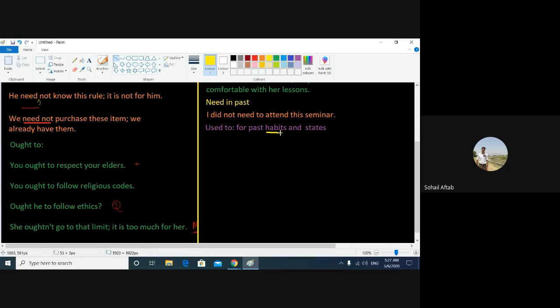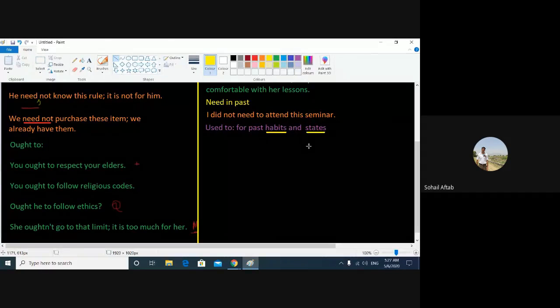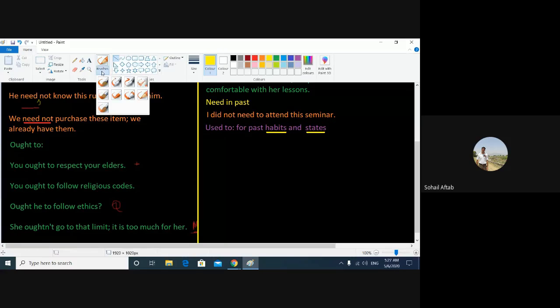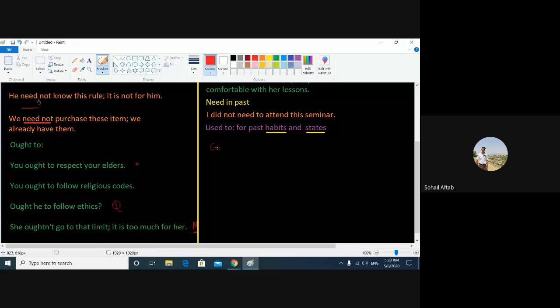Past habits. And I will elaborate both of them separately in separate constructions. And when I use the word construction in grammar class, I mean a sentence. Always remember it. Let me write it for you here. Construction in grammar equals a sentence.